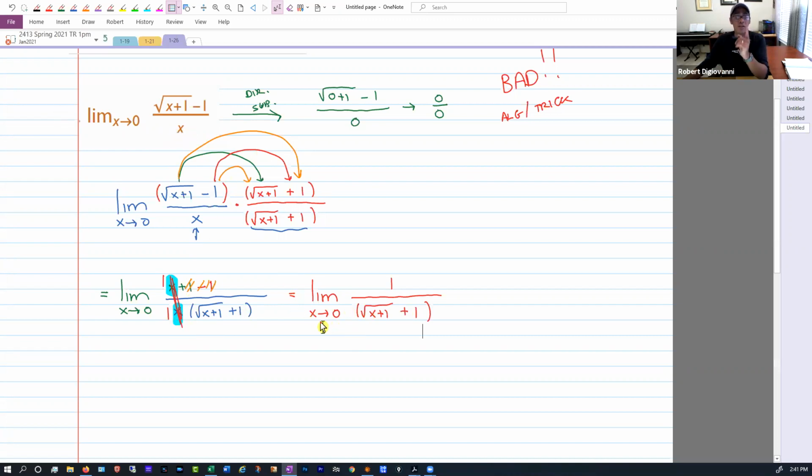So now direct substitution, no more limit. Let's replace x with 0. 1 over square root of 0 plus 1 plus 1. And we get 1 over, let's see, square root of 1 is 1, and 1 plus 1 is 2, so it's a half. The answer is a half.